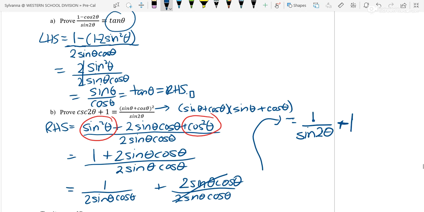Okay, well, I can change it to cosecant 2 theta by doing the reciprocal of it. And that is my left-hand side. And then we're done. Perfect.